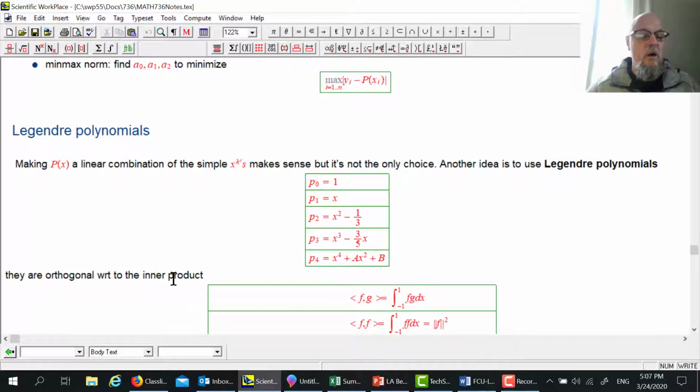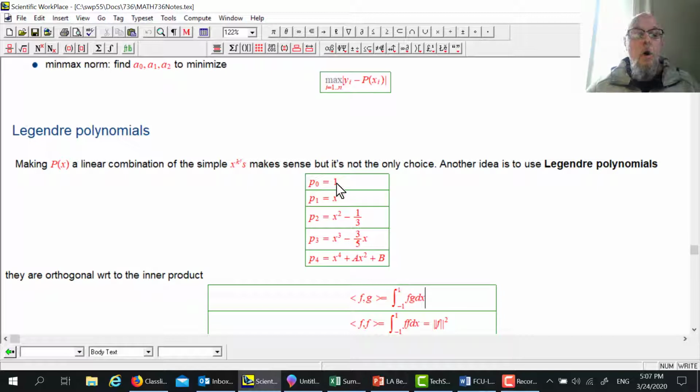It's called an inner product. So when we're taking the inner product of two functions, we multiply them, integrate from -1 to 1, and that gives us a number. If that number is 0, then the two functions f and g are orthogonal.